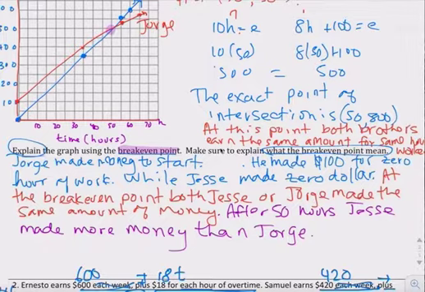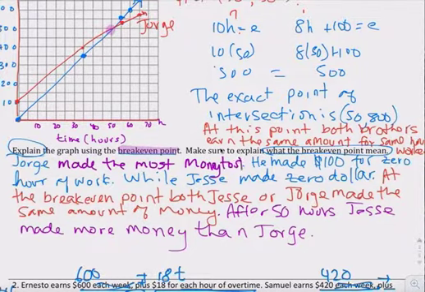We want to make sure that you put Jorge made more money to start. Jorge made the most money to start. He made $100 for 0 hours of work, while Jesse made $0.